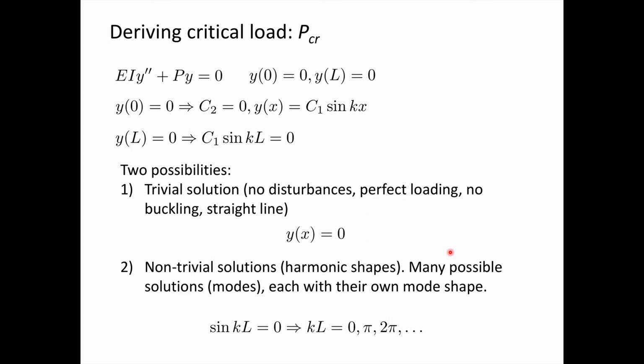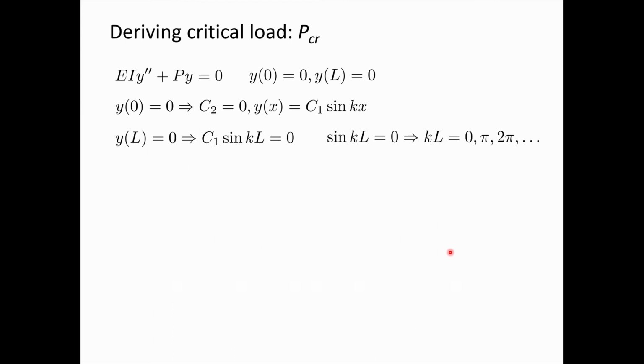So the possible solutions of kL could take these discrete values of 0, pi, 2 pi, and so on. And if we plug that back into sine kx, then we can see what the shape is going to look like. It's going to look like a sine wave, or different numbers of sine waves.